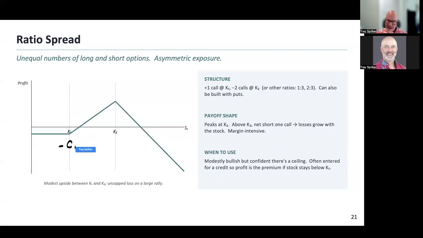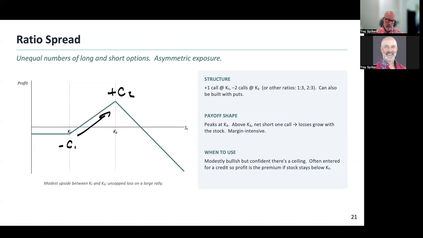And then you're taking a double short position at a higher strike price, so you're going to earn the call premium at K2, C2 as it were. You can do it in any ratio you want, and you can also build these with puts. But the idea here is it's a modestly bullish bet between K1 and K2, with some confidence that there might be an upper bound to where the share price could move.